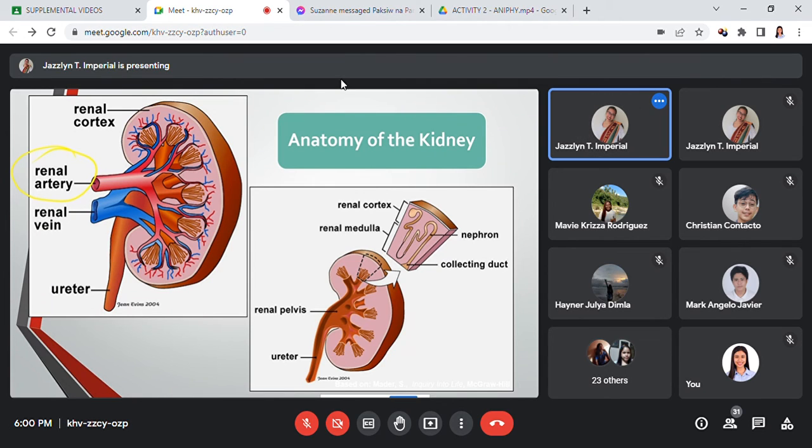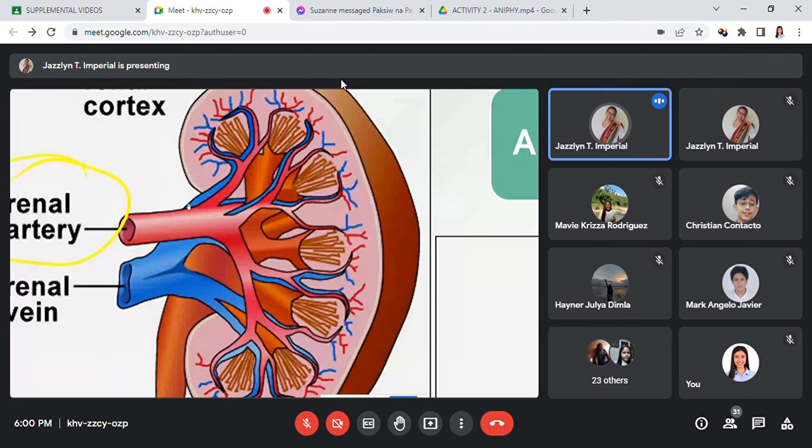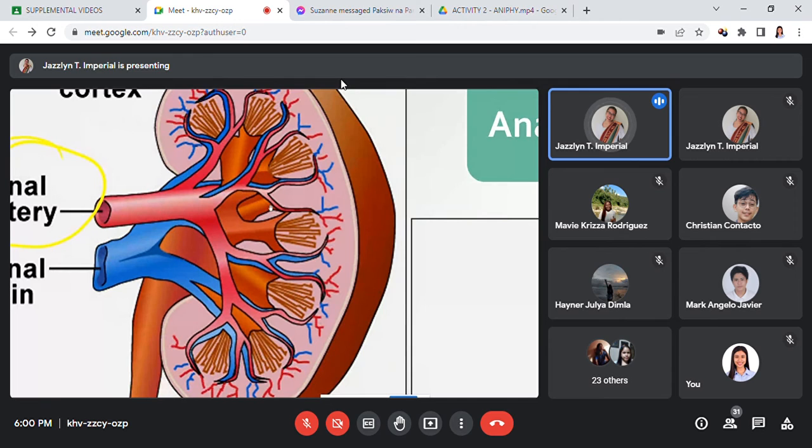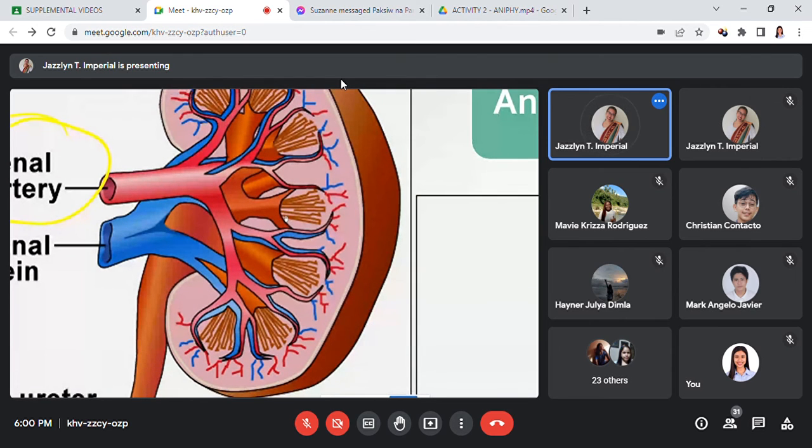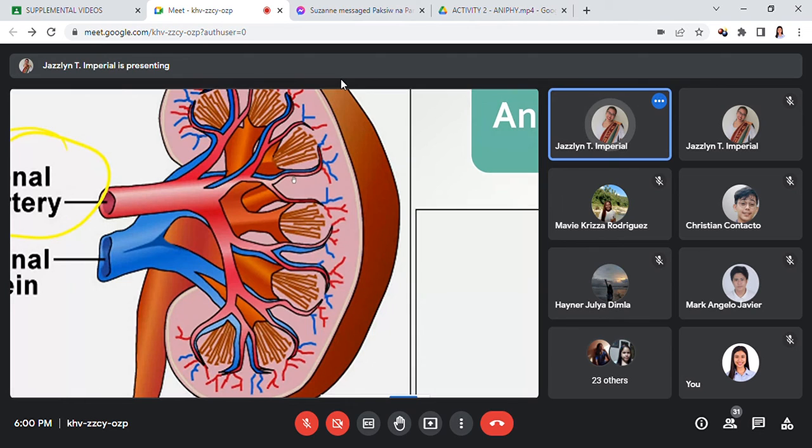Once the blood is inside the kidney, the renal arteries will branch into this very complex, as mentioned earlier, capillary bed. So there are so many capillary beds that work with the millions of nephrons found inside your kidney.